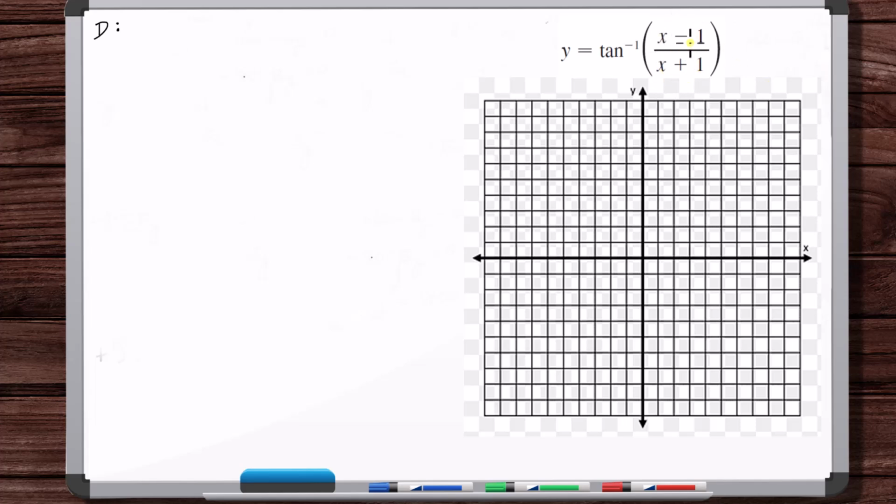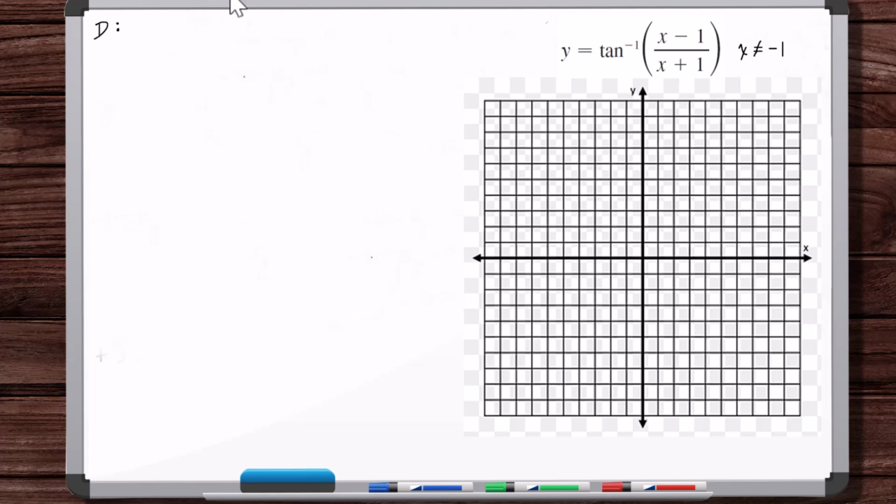In other words, you have a polynomial divided by a polynomial, no restrictions there, but you can't divide by 0. So the only restriction here is that x can't be equal to -1. As long as x is not equal to -1, you can input anything you want into this function and you're going to get an output.